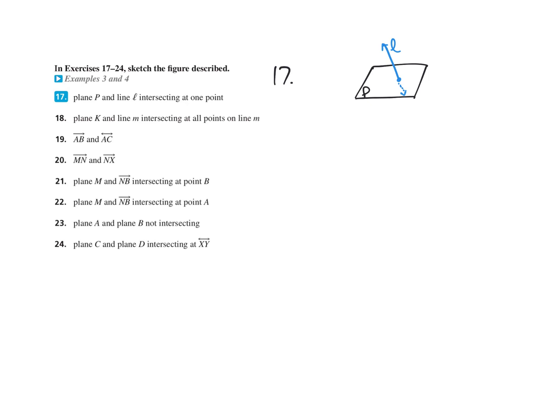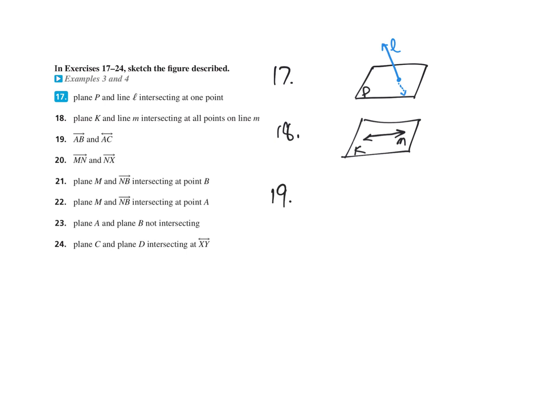So that's 17. Number 18 is plane K. So there's plane K and line M, and they intersect at all points on line M. So that means line M must be inside the plane.